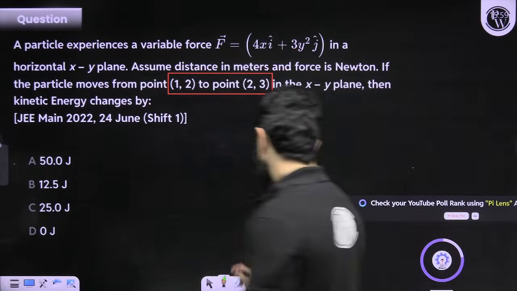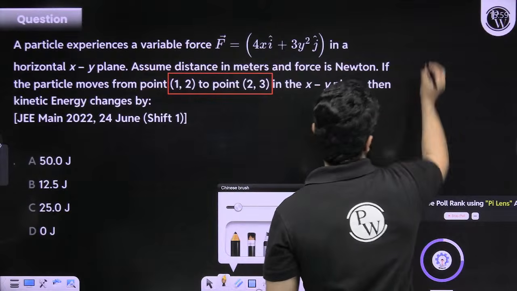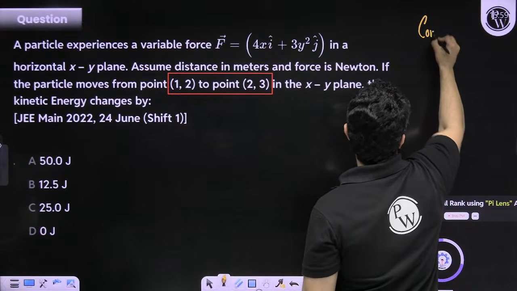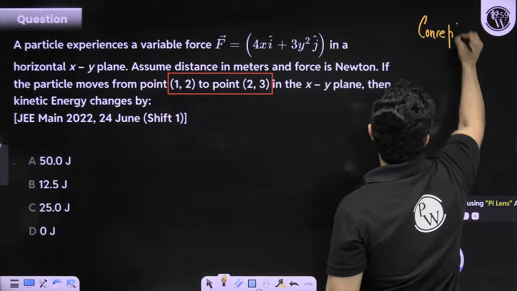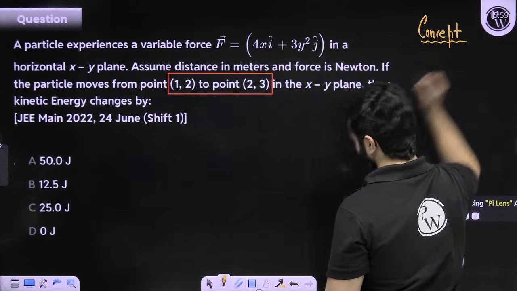Concept is, let me tell you the concept. Concept is work energy theorem.